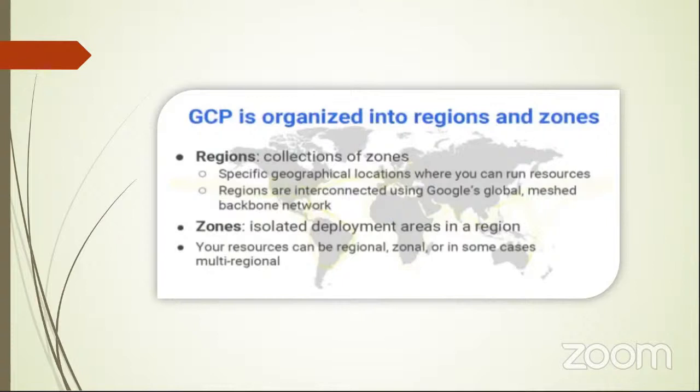And zones are, say, the Delhi zone, the Mumbai zone, the Bangalore zone. These are the actual placement of your data centers. So India is a region, and suppose it has three data centers, which are called zones in GCP: Delhi, Bangalore, and Mumbai. These are the things that are differentiated.